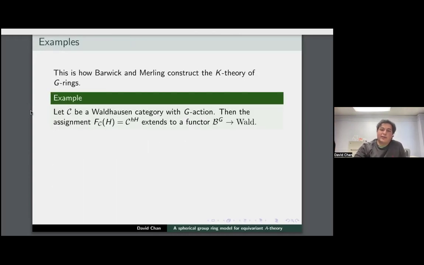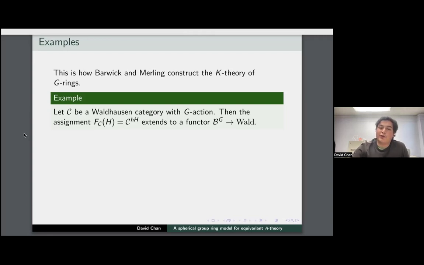So let's give some examples here. Let's specialize back in. So let's talk about the Merling and Barwick way of constructing K-theory of G rings. So let C be a Waldhausen category with G action. Specifically, if you had a ring with G action, the category of finitely generated projective modules over this thing has a G action.